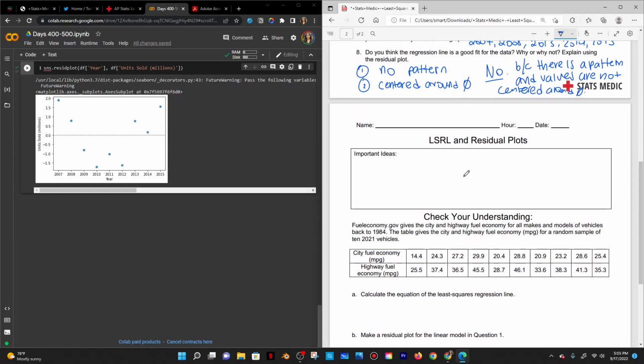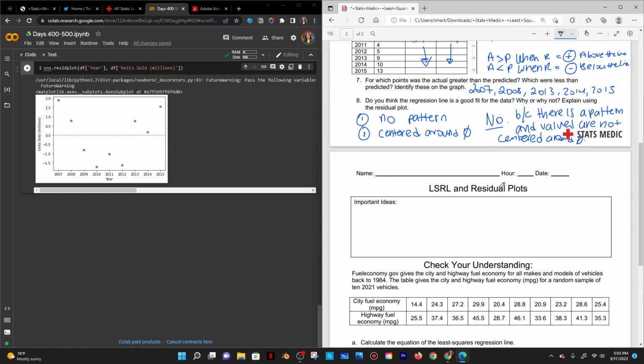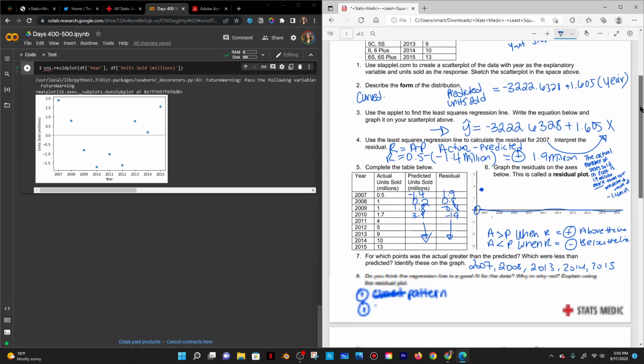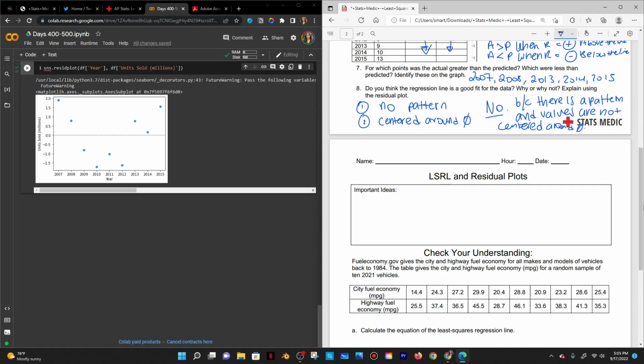Let's see what's next. Oh, kind of the important ideas. Okay, so what did they ask us? So scatterplot did that. Really the idea is the same thing. The line that we chose, the normal format is predicted y, or y hat, equal to a plus bx, with a being your y-intercept and b being your slope.